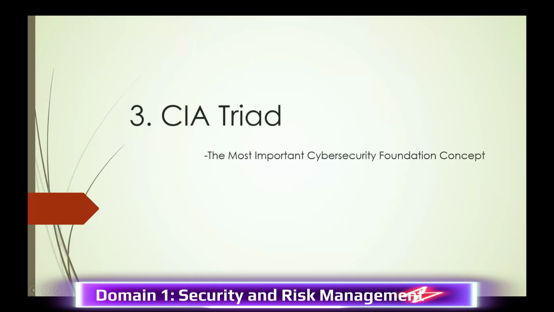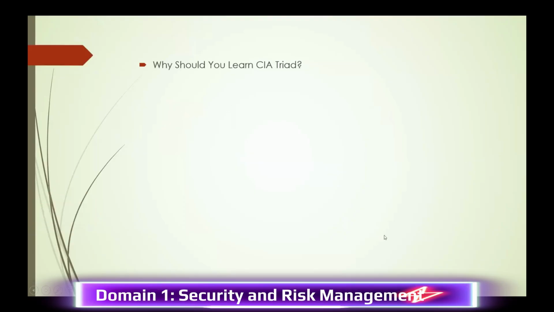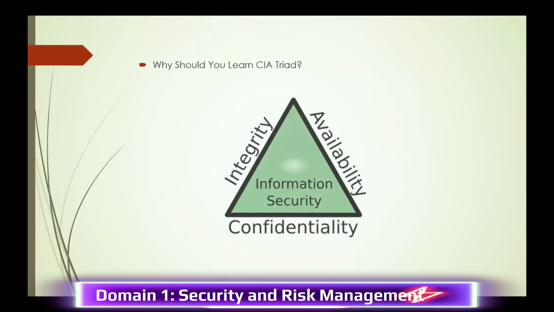So this is the most important topic in the certification exam as well as to understand real-time scenarios. Why should you learn the CIA Triad? Almost every security concept in cybersecurity connects back to these three important principles, which are confidentiality, integrity, and availability.